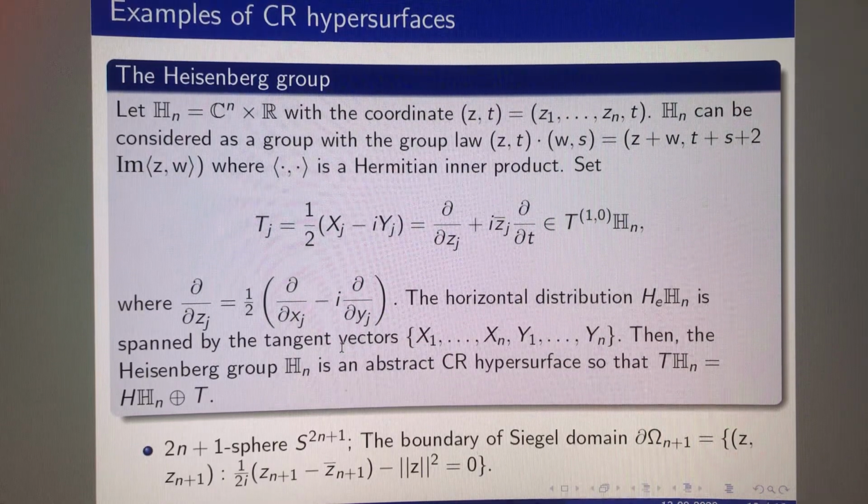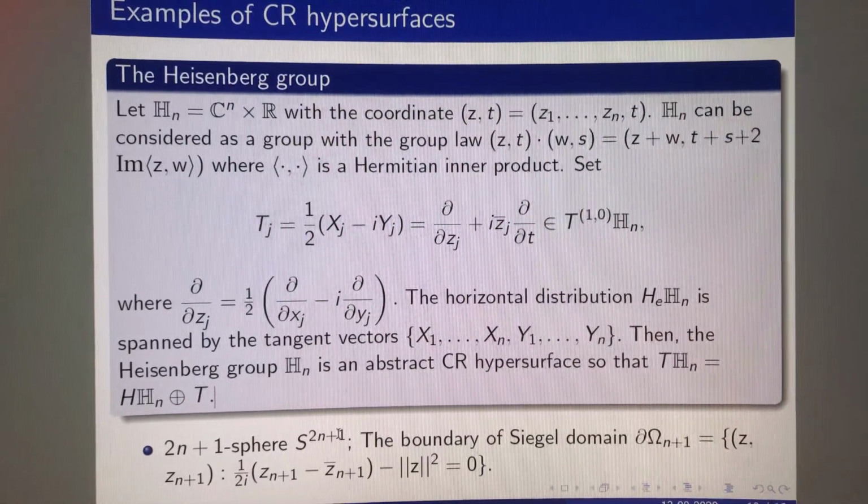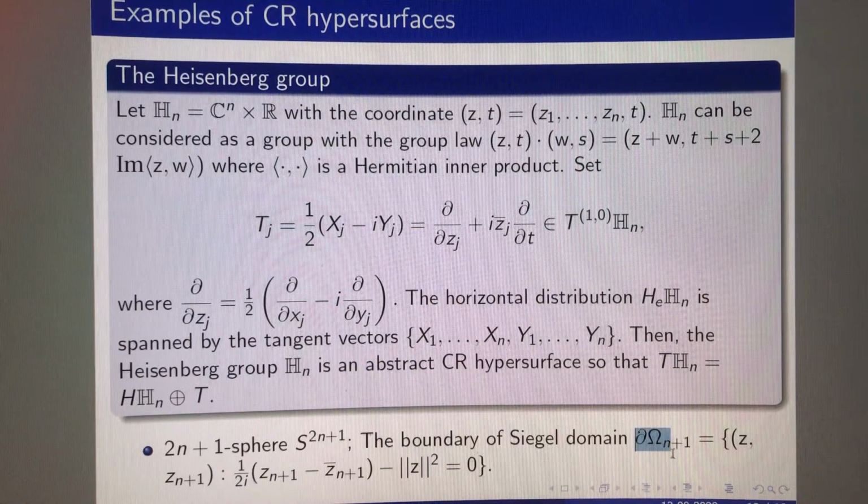So there's also a different example of a CR hypersurface. For example, the odd-dimensional sphere S^{2n+1}, and for the corresponding embedded CR manifold, we have the boundary of the Siegel domain defined like this, and you can see that this is a submanifold of C^{n+1}. We're going to show later that there actually exists a CR equivalence among those three CR hypersurfaces.